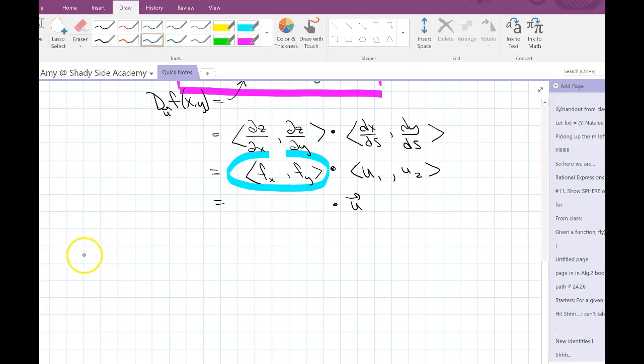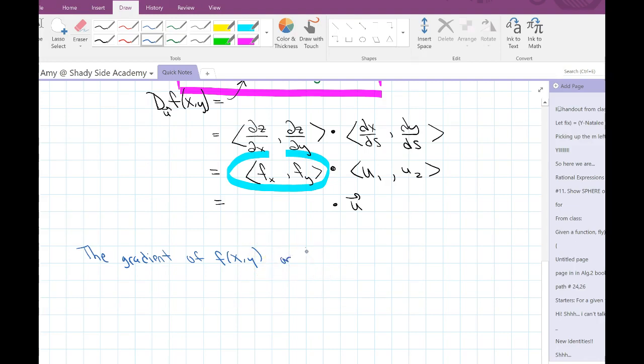We say the gradient of f of x, y, the gradient of a function of x and y.